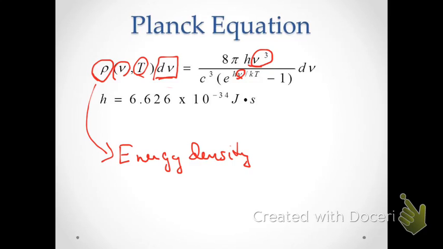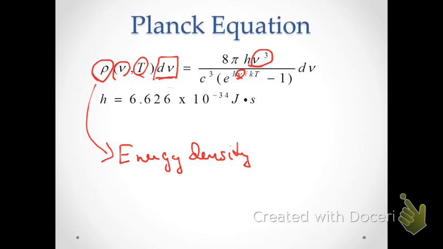But the function in the denominator would seem to indicate that as frequency increases, the spectral density decreases. So we get the spectral density decreasing from one term and increasing from the other. And of course, when you have a mathematical function which has two terms, one which shows an increase, the other shows a decrease, that's going to lead to a function which has a maximum at a particular, in this case, frequency.